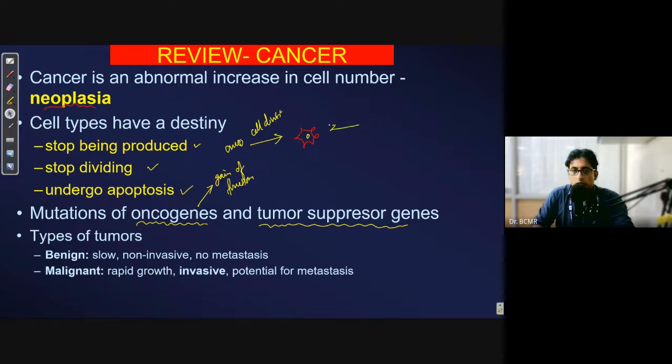There is also another set of genes, the tumor suppressor genes, and they activate cell death, or at least they prevent cell division.